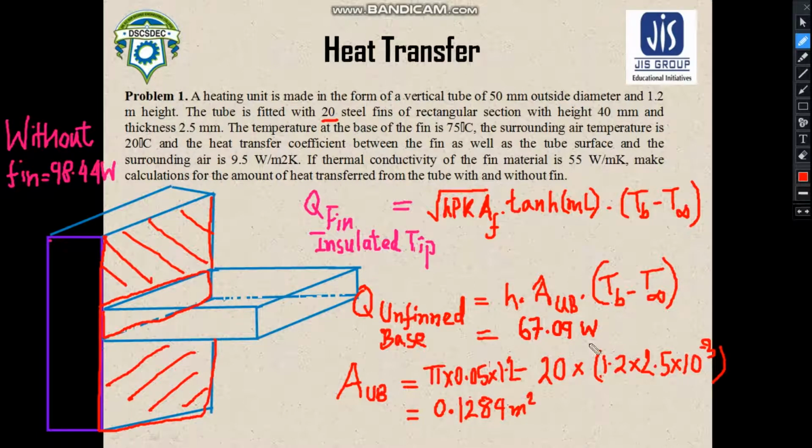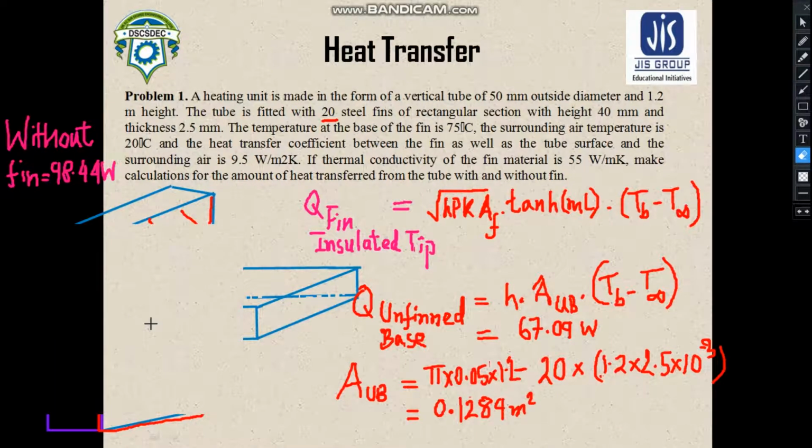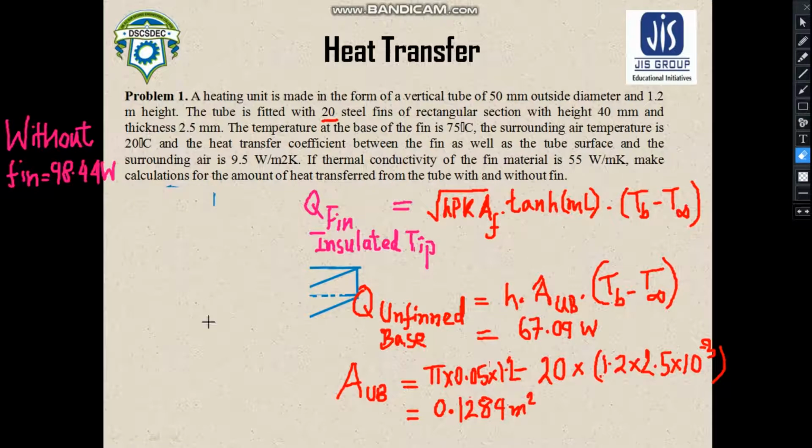Okay, so I will now remove this drawing because it will not be required. I am just removing this drawing because I need space to write down this information, which will be required while solving the final problem.